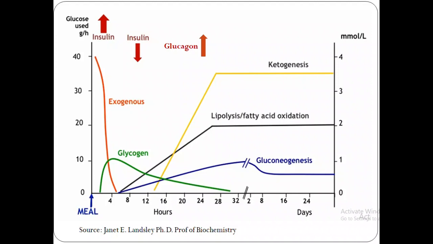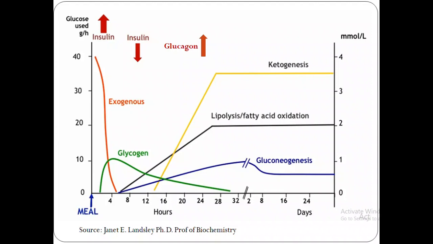If we don't eat for about 4 hours to overnight, the process of gluconeogenesis begins. That is, synthesizing glucose by the liver and by the kidney cortex from non-carbohydrate precursors such as cholesterol, lactate, and amino acids, as well as lipolysis, so releasing fatty acid from adipose stores.